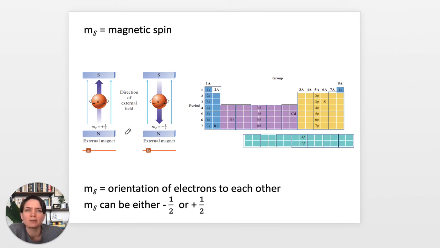Basically, electrons have momentum, they're constantly moving around the nucleus, and they're also spinning. And an object that spins is going to generate what's called a dipole. So in order to exist in the same orbital and not repel each other, they have to spin in opposite directions. What that's going to do is allow them to have moments where each electron is generating a tiny magnetic field where you have an area of greater positivity and greater negativity.